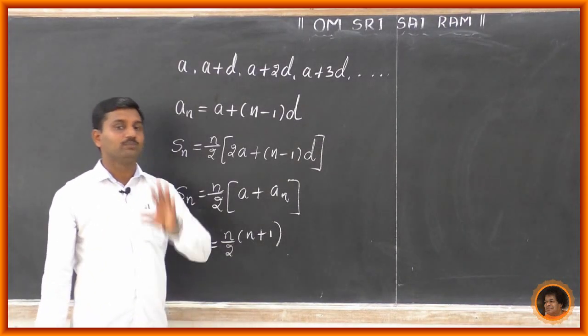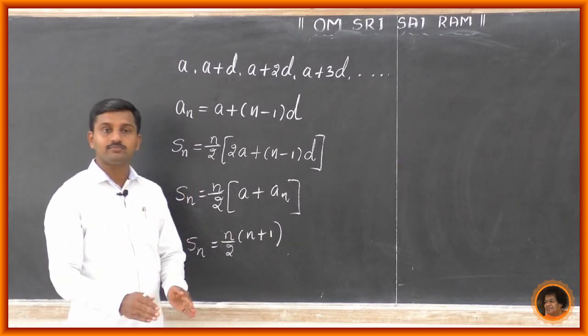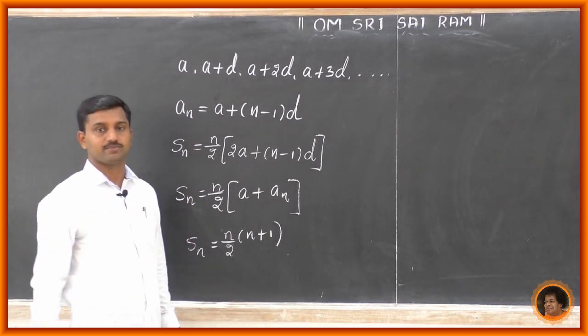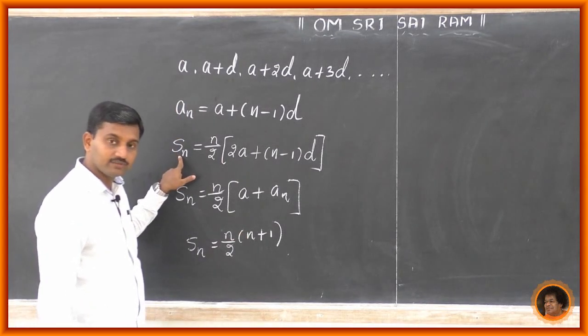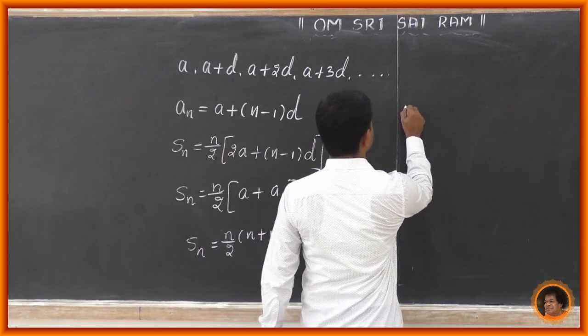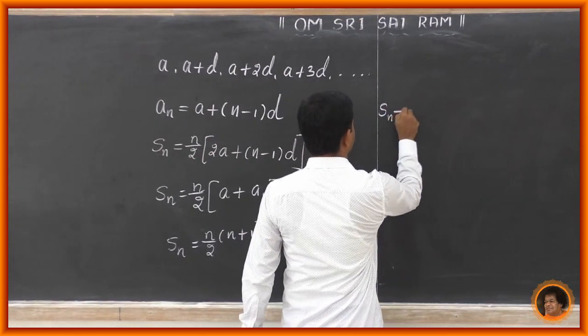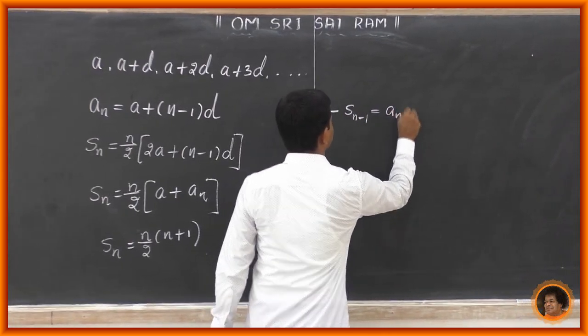And one more, the relationship between the nth term and the sum of n terms. The nth term is an, and the sum of the first n terms is Sn. What is the relation? Sn minus Sn minus 1 equals an.